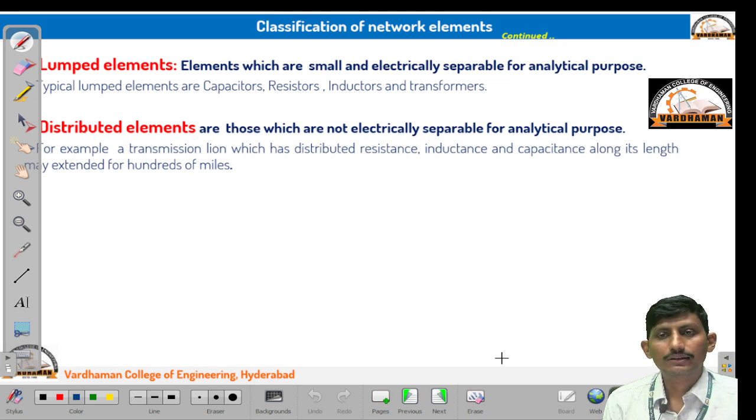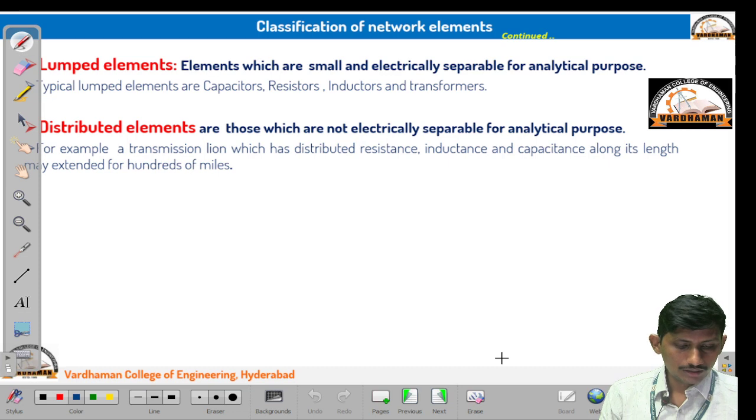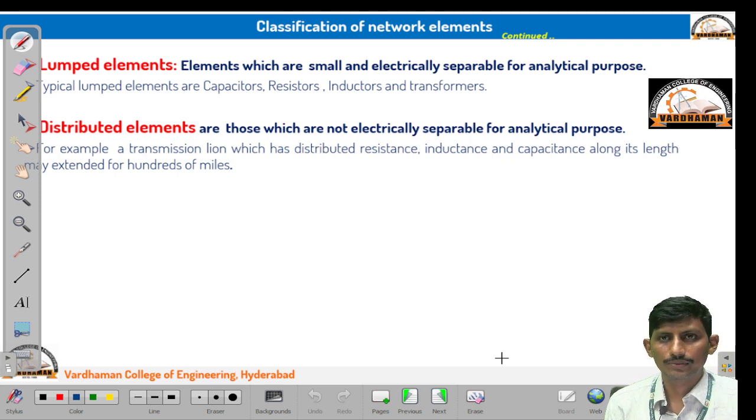For example, a transmission line whose length varies from some 50 kilometers to 400 kilometers. In transmission lines, the resistance, inductance and capacitance are distributed throughout the length of the line, and it is difficult to exactly replicate the properties and analyze them in individual small elements.